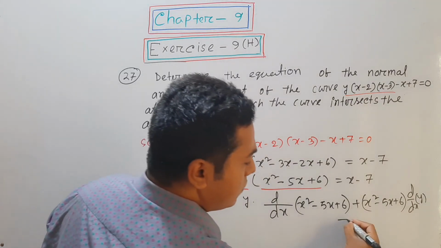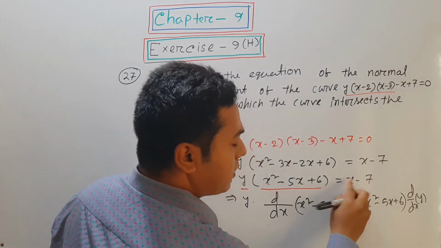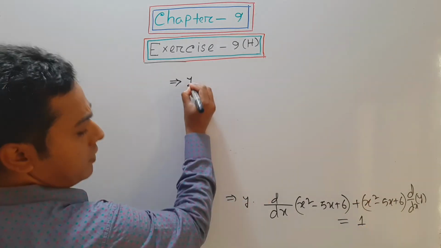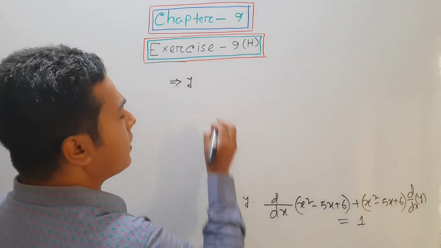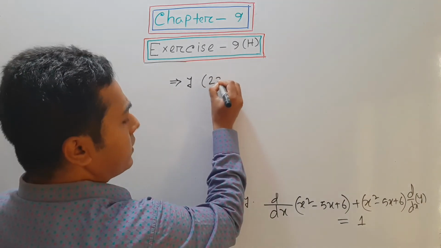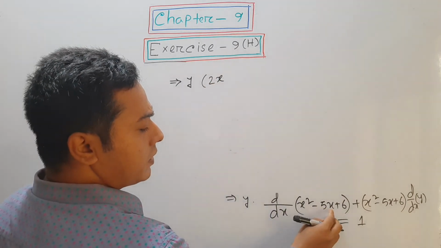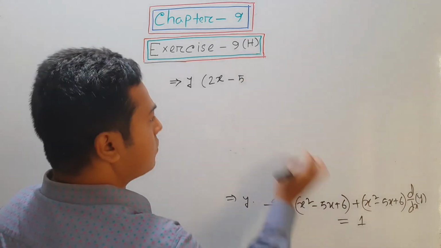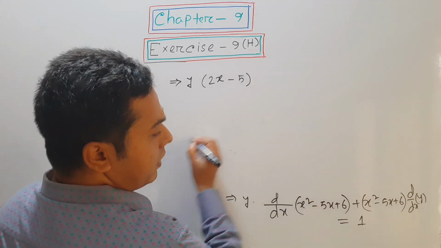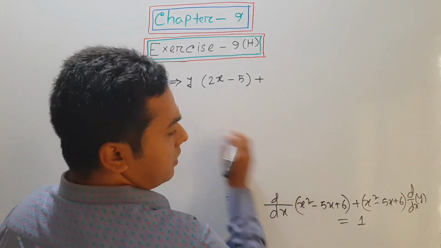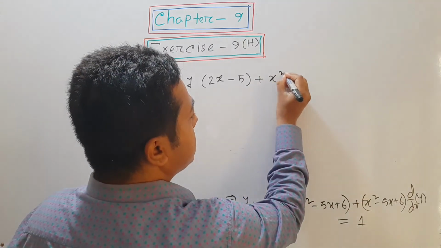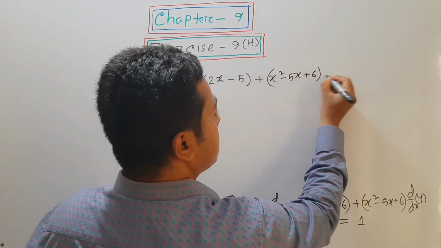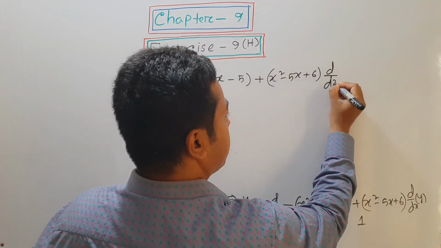Okay, is equal to ddx of x is equal to 1, and this is 0 into ddx of x square is equal to 2x, ddx of this is equal to minus 5 and ddx of this is equal to 0, and plus x square minus 5x plus 6 into ddx of y.